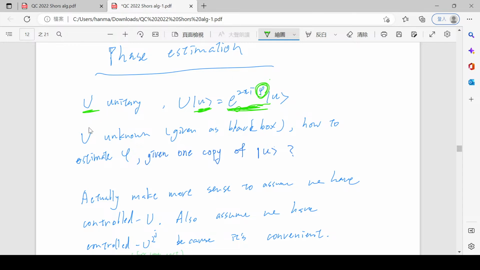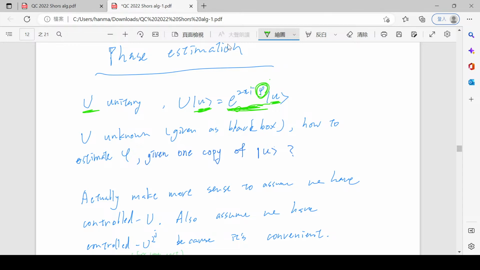So we want to learn this φ if we are given U, the unitary, and also, nicely, the eigenvector |u>. So given U as some kind of black box, the question is how to calculate this phase φ. That's why it's called phase estimation.